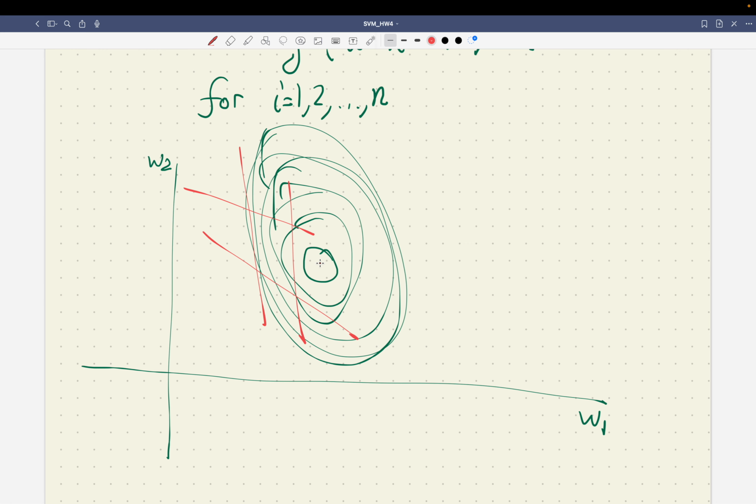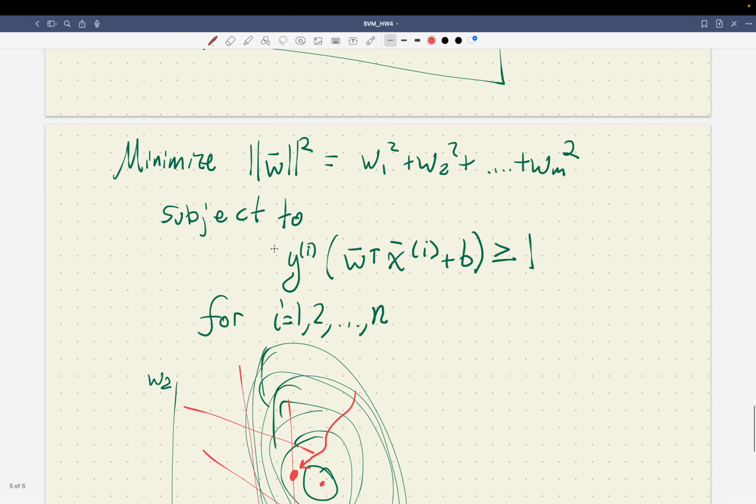So the absolute optimum maybe is right here, but when you restrict to these constraints, this would be the optimum. So this is the constrained optimum, where you have to respect these linear conditions. Basically, the only solution that you can entertain has to be on the right side of all of these inequalities.